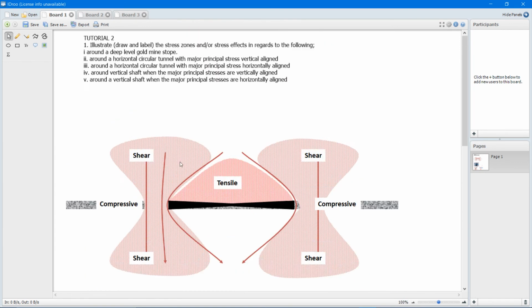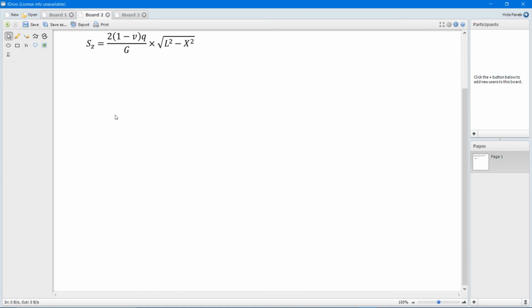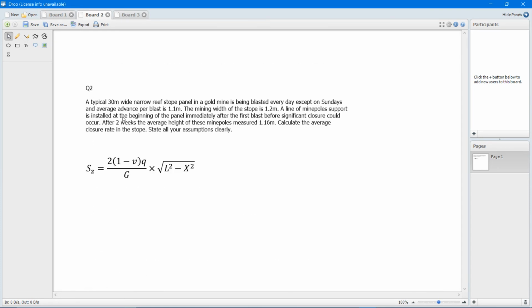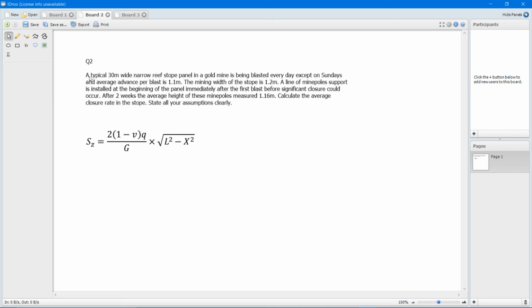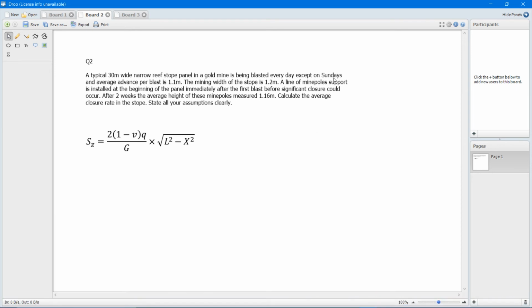Okay, so that's question 1. Now, question 2 says a typical 30-meter wide narrow reef stope panel in a gold mine is being blasted every day except on Sundays, and average advance per blast is 1.1 meters.